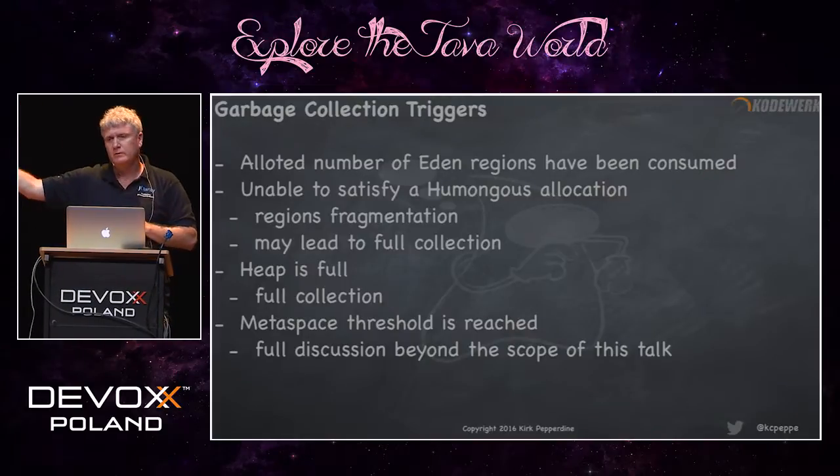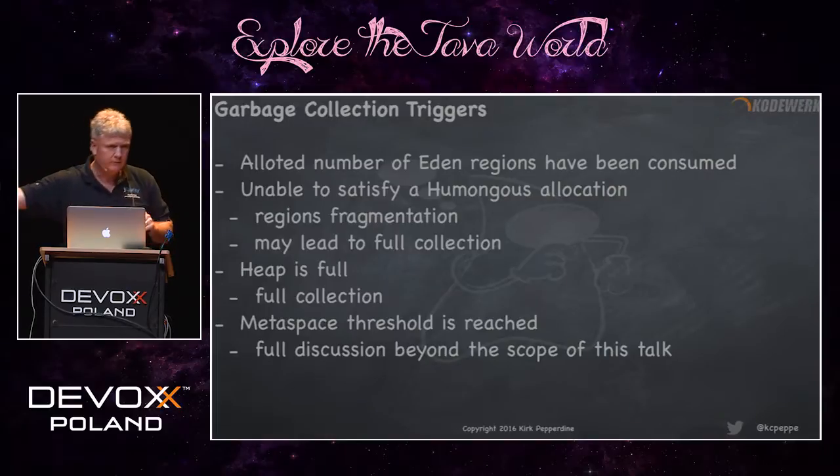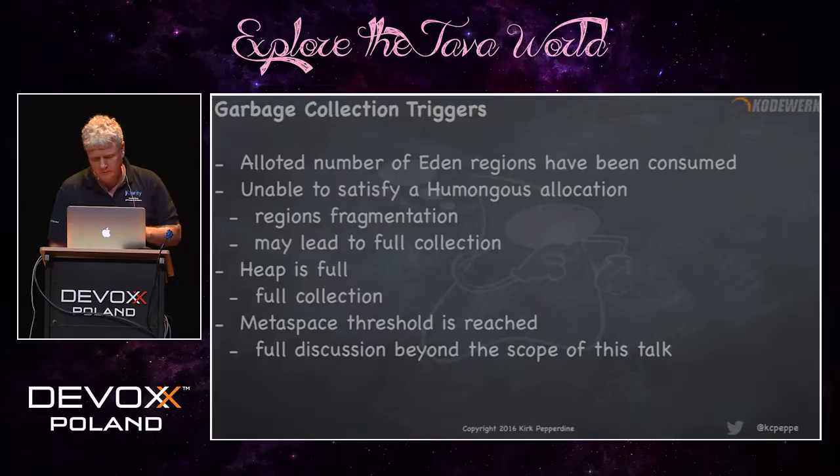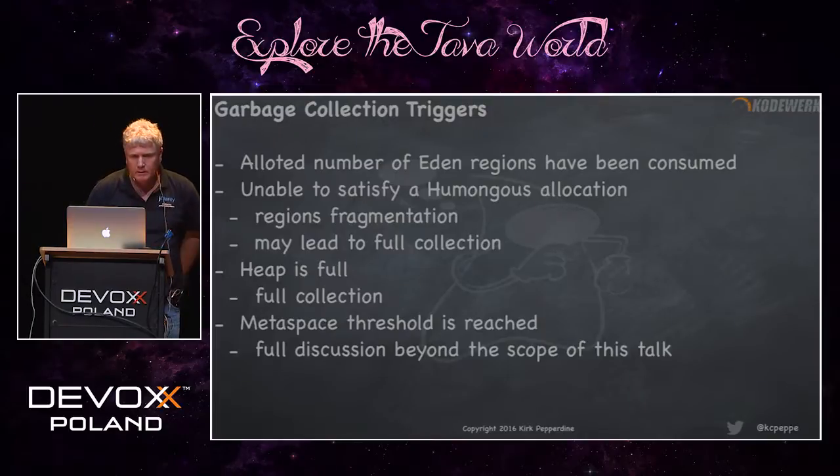What we're going to do is set what's known as the initiating heap occupancy fraction, or percent. The acronym is IHOP, which coincides with a very bad pancake house in the US, unfortunately. But anyway, that value is 45%.